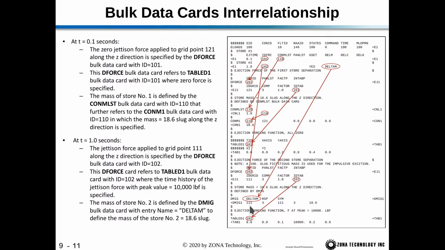For this particular mass, we're defining a mass of 18.6 slugs, but only in the Z direction. So this is at grid point 111, direction 3, which is the Z direction, with a mass of 18.6 slugs. So this mass will be subtracted when this store is ejected.